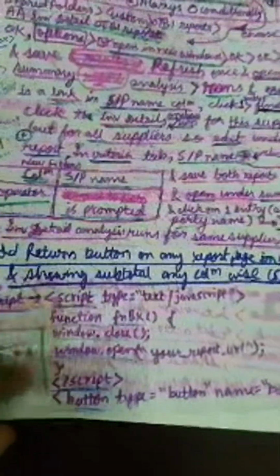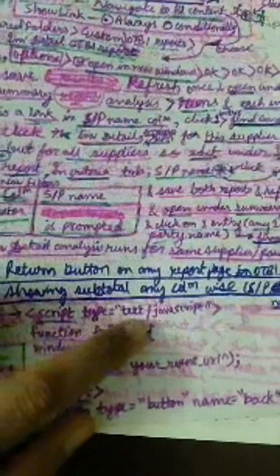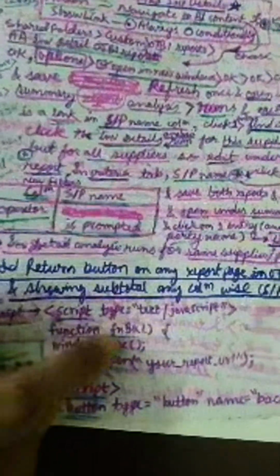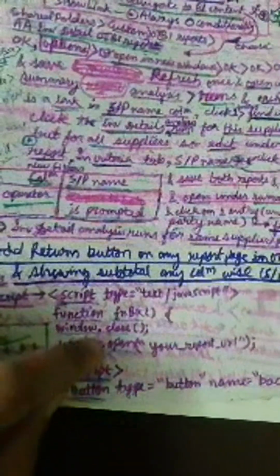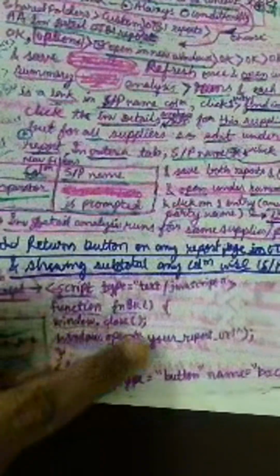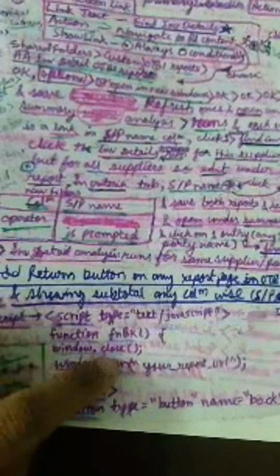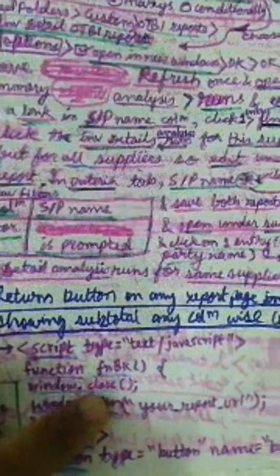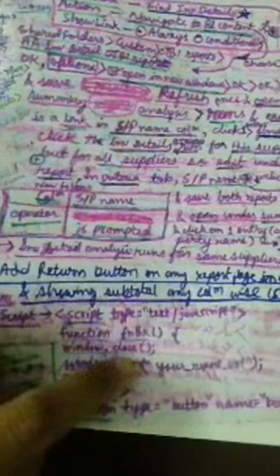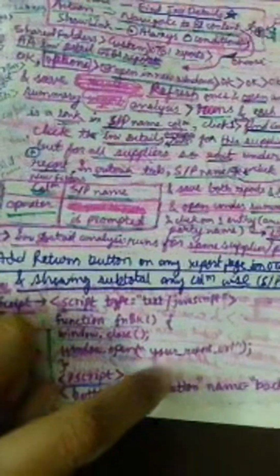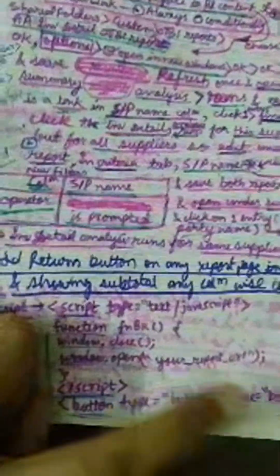First of all, in the script I've opened and closed here, the type is text/JavaScript. I'm creating a function, and inside the function I'm writing window.close and then window.open. The current window, the one which has the return button, will be closed, and in your report URL you have to give the summary report's URL here.